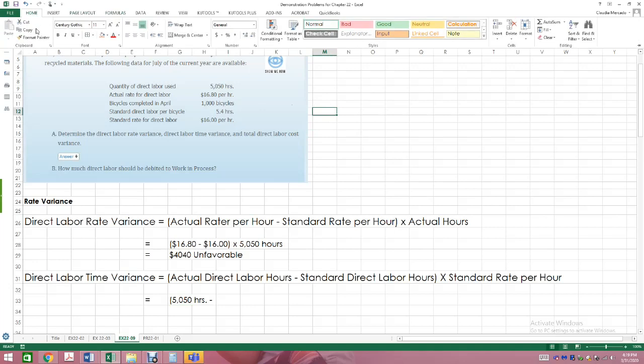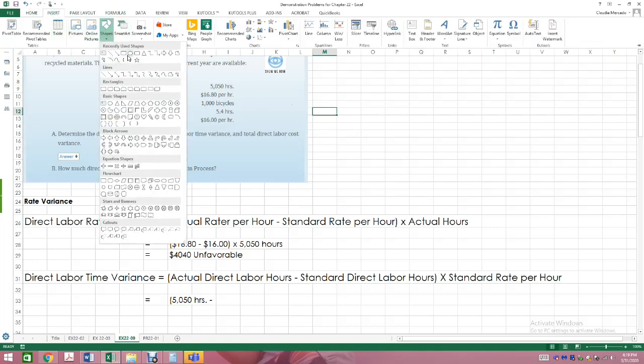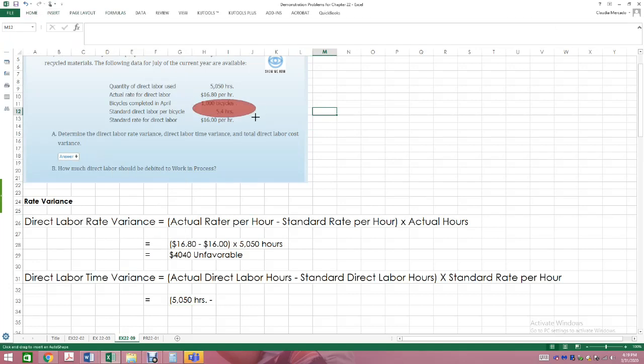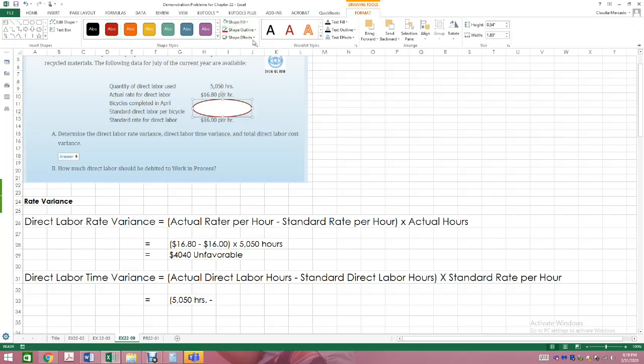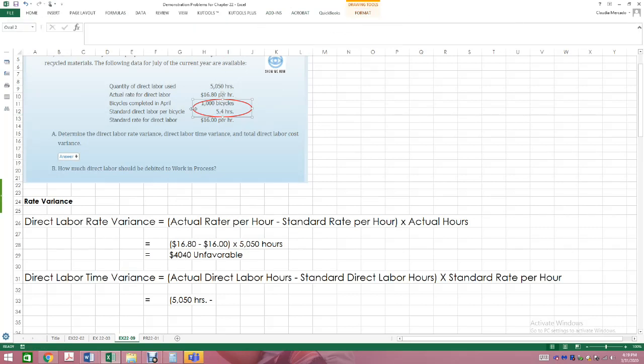So let me show you here the data that you're going to be using. We need this information right here. They do tell you here that the standard direct labor per bicycle is 5.4 hours, and they do tell you that you completed 1,000 bicycles.